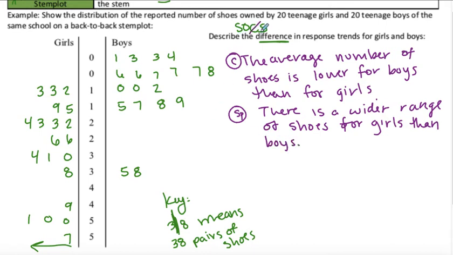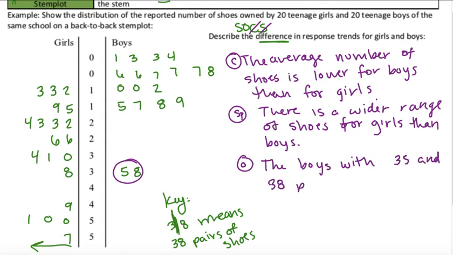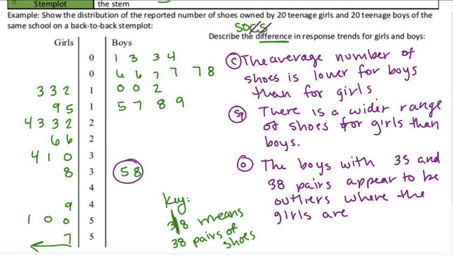And so now I've talked about these two. I could say these are potentially outliers, and it doesn't appear to have any outliers in the girls. So I could maybe say the boys with 35 and 38 pairs appear to be outliers, where the girls are more consistent.